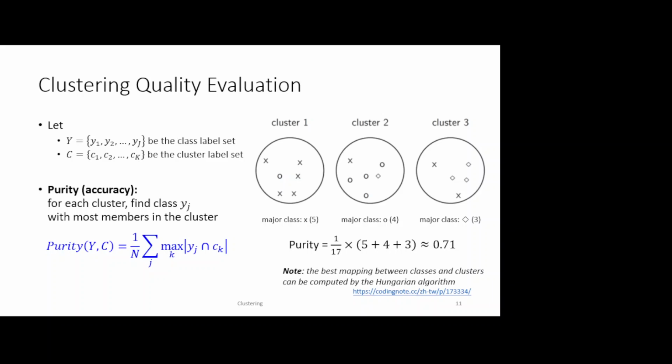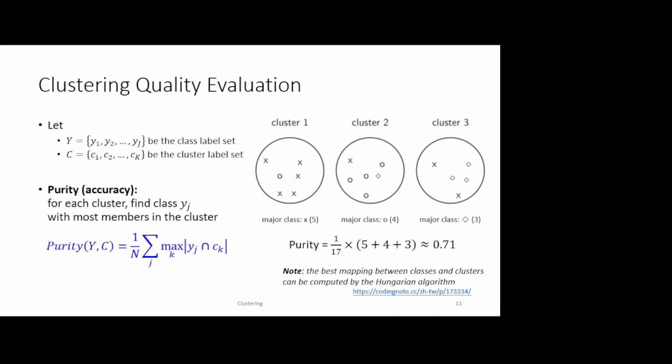Here we use an example to illustrate the idea. We have 3 clusters, and for each cluster, we first find the major class. The major class for cluster 1 is the cross, right? Because the cross has more data points in cluster 1.